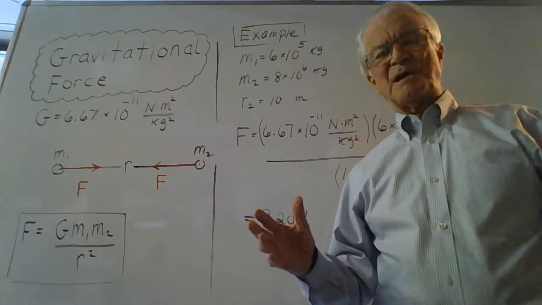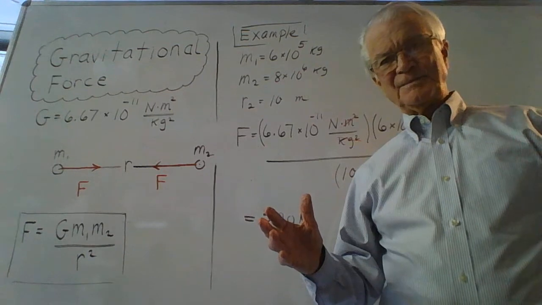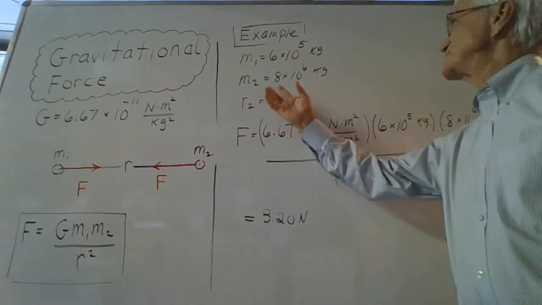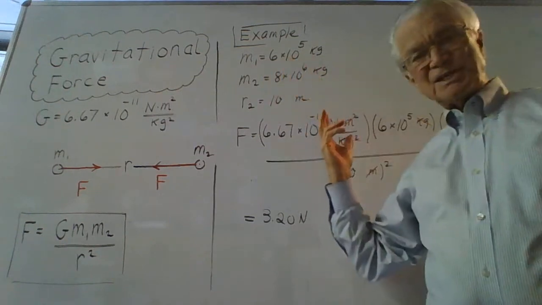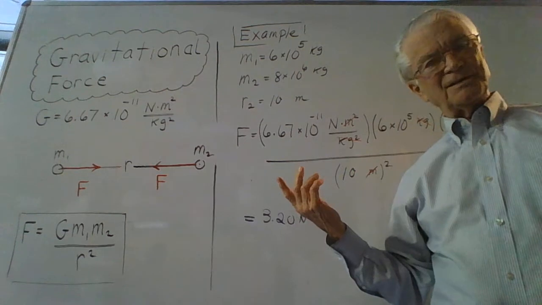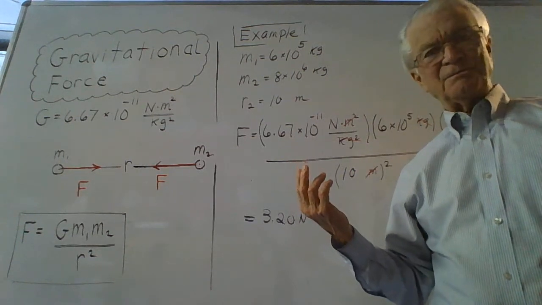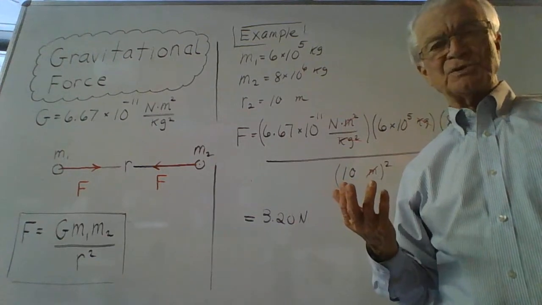Then the gravitational force is substantial and meaningful, but not with masses as small as even 8 million kilograms and 600,000 kilograms, separated by what, about more than 33 feet, or about 33 feet. All right, there'll be more to say about the gravitational force in other lectures.